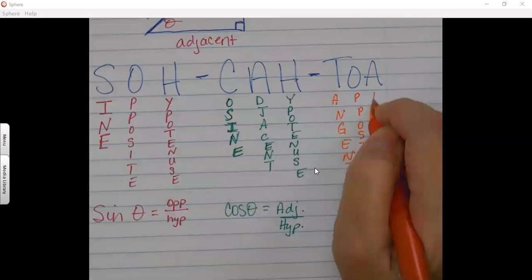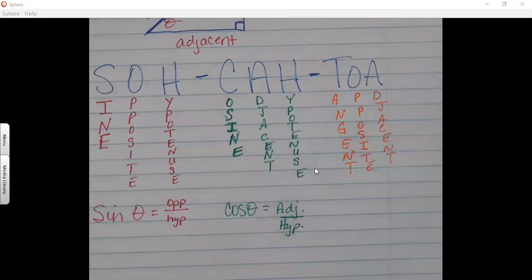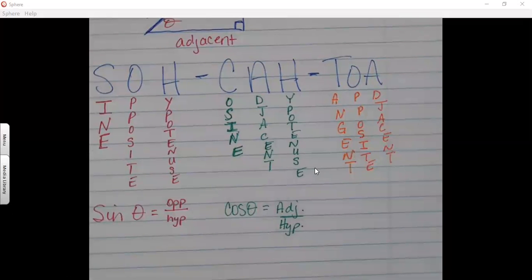So the abbreviation for tangent, anybody know it? TAN. So tan of theta, tangent of theta, equals opposite divided by adjacent.